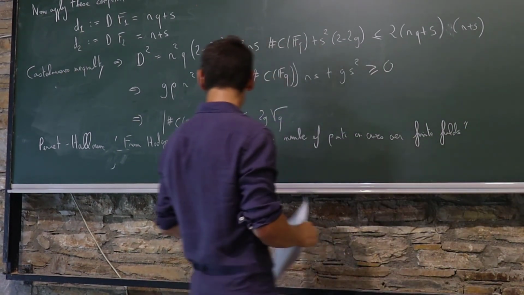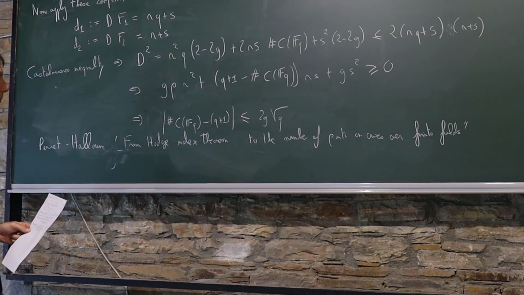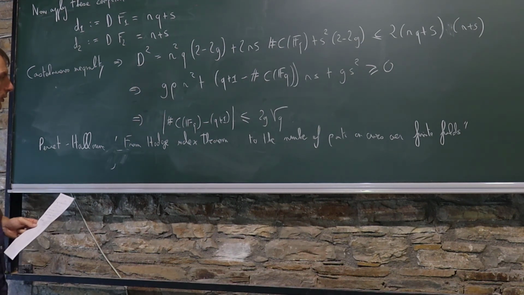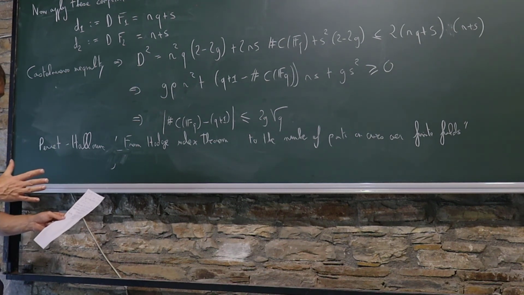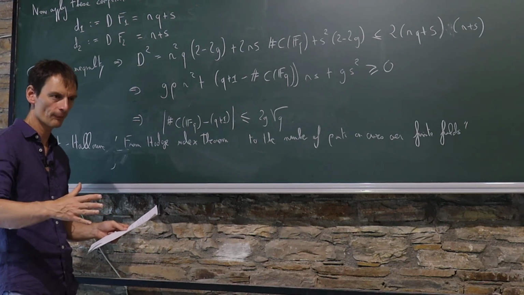Because they show that the Hodge index theorem, at least a bit more powerful one, which is inside Hartshorne's book, gives you that there is a space on which you have a kind of scalar product.